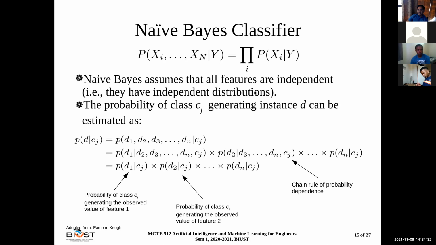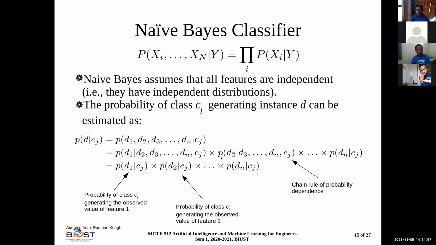And the way to prove it is that, if you write this out mathematically, we consider each feature. We say D1 given all the rest of the other features plus the class, multiplied by another feature D2. We disregard D1 already because we take the probability of D1 in the first term.